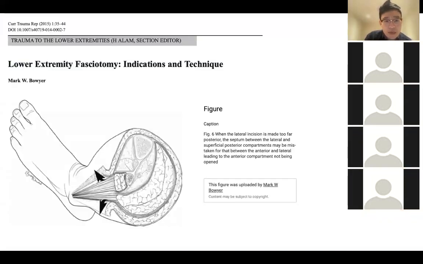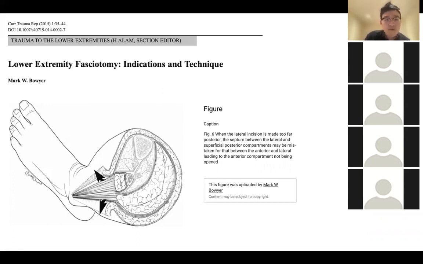And in the medial incision, so in the lateral incision, so this is of the left leg. So if you're doing a lateral incision, you can go slightly posterior to allow for a skin bridge between the medial incision and the lateral incision. The problem is if you go too anteriorly, you might think that you've taken off the anterior compartment, which you think that you have taken a compartment.